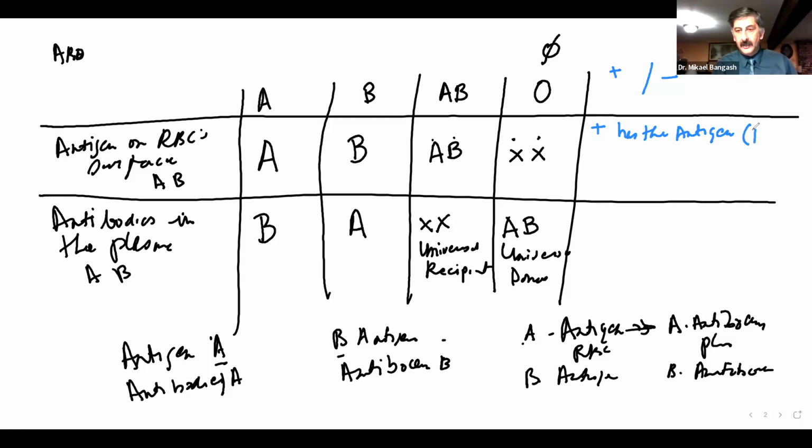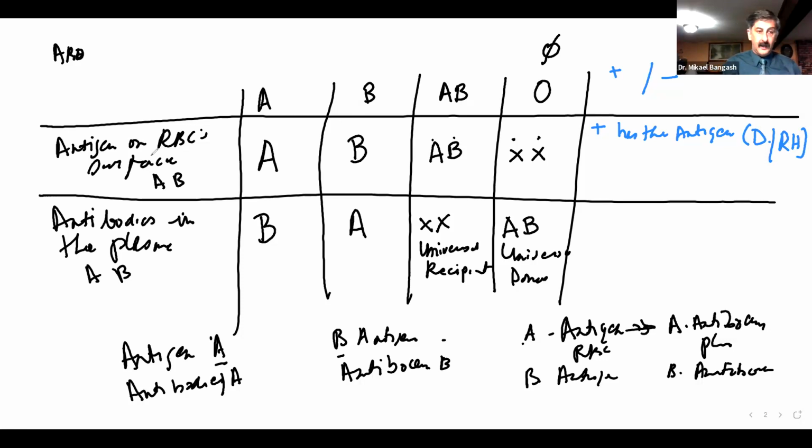It can be called the D antigen, or it can also be called the RH antigen. So if somebody is positive, along with whichever A, B, O grouping he or she has, it means he or she has the D antigen or the RH antigen, on the surface of the RBCs.